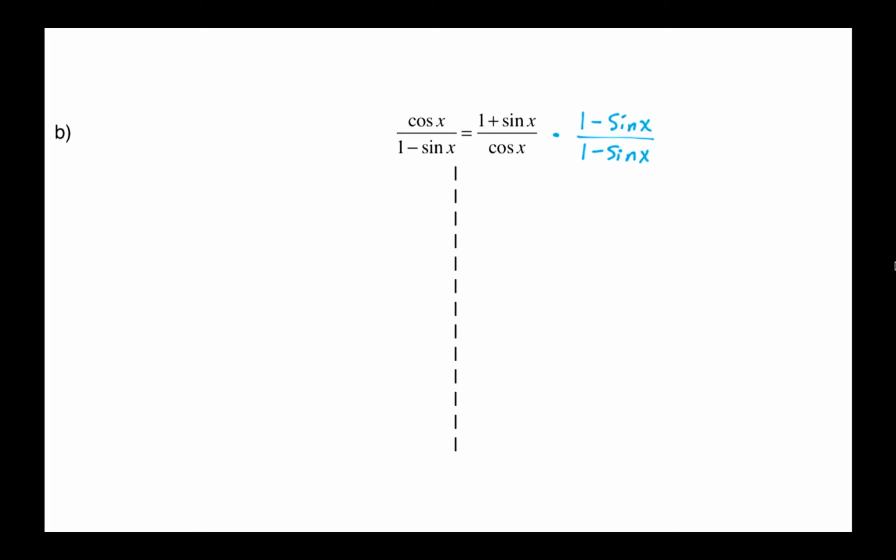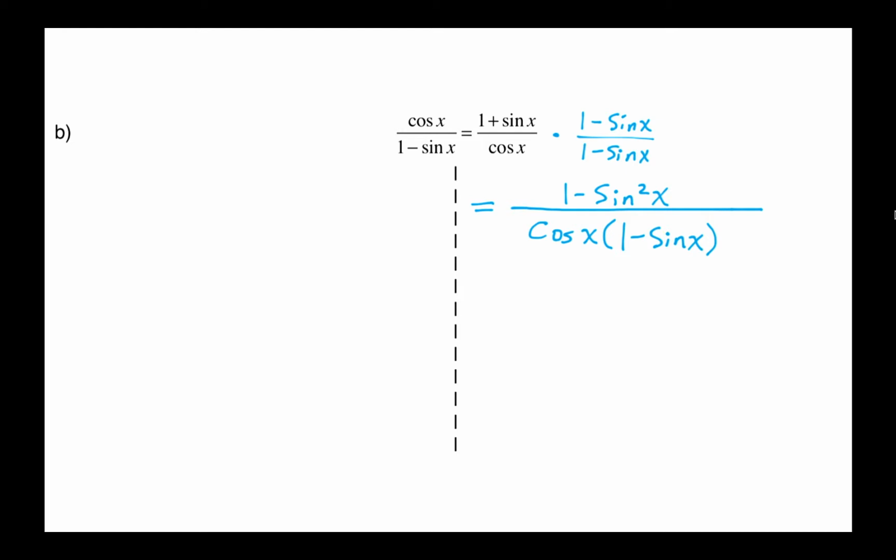But if I multiply by a conjugate, and so I'm doing the conjugate of this numerator, instead of 1 plus sine x, I've got 1 minus sine x. Now multiply the top and the bottom by that. What you'll find is it leads to a difference of squares on the top, and that often leads to a Pythagorean identity that can be used.